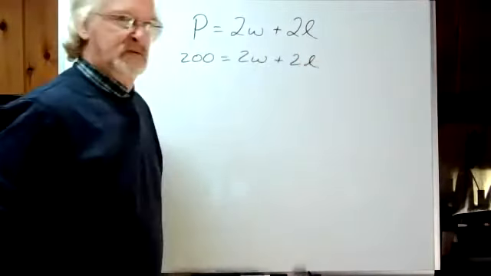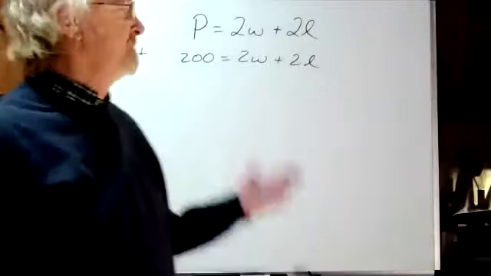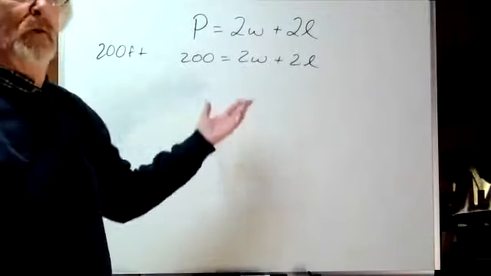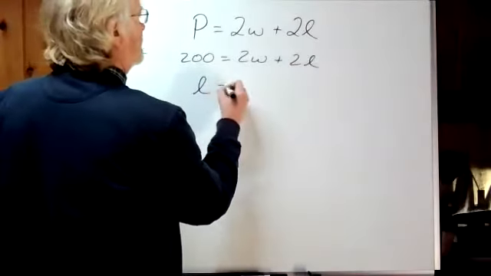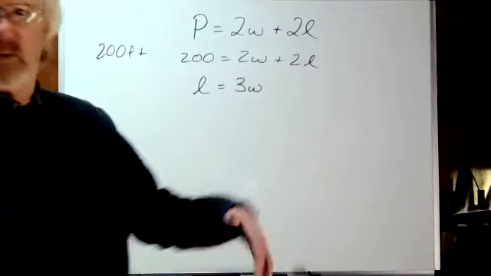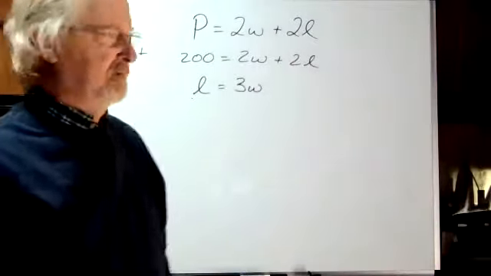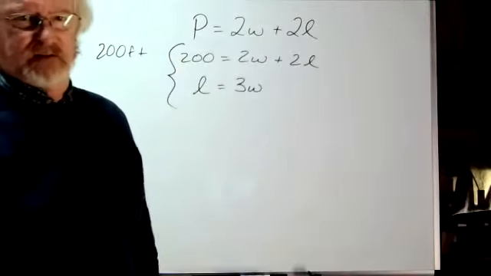So somehow 200 feet was twice the width plus twice the length. And then we had a relationship between the width and the length, something like the length equals 3 times the width, or the width plus 5. There's a system of equations.